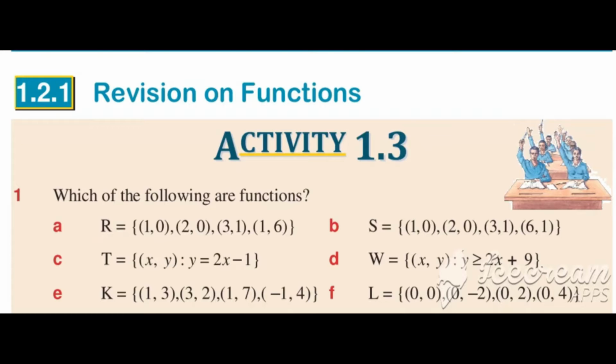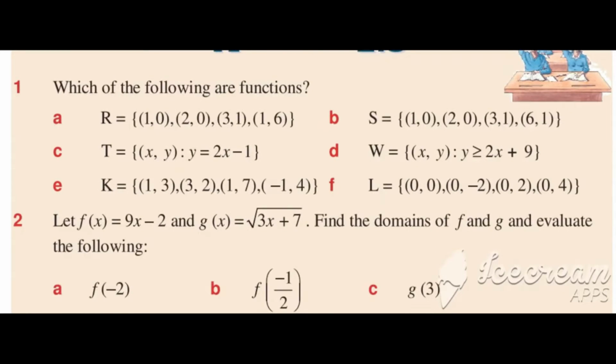When we see question number 2, f of x is equal to 9x minus 2 and g of x is equal to square root of 3x plus 7. Find the domain of f and g and evaluate the following. When we find the domain, it means the possible values of the independent variable of the given function.